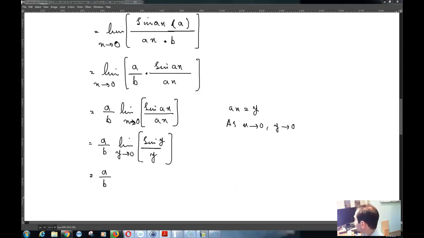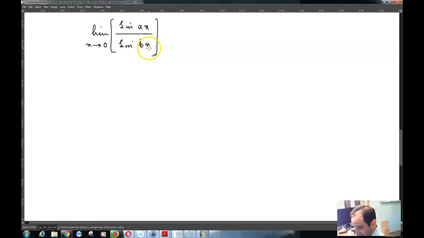Number 14, you have the limit of sine ax by sine bx as x tends to 0, and a and b are not equal to 0.